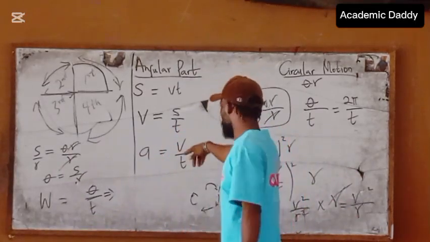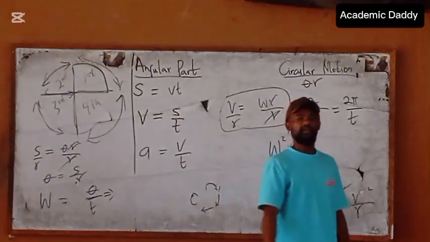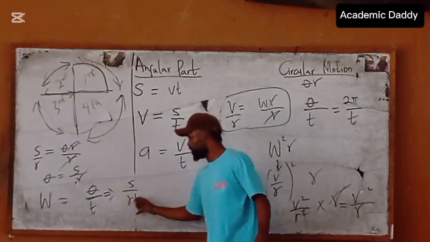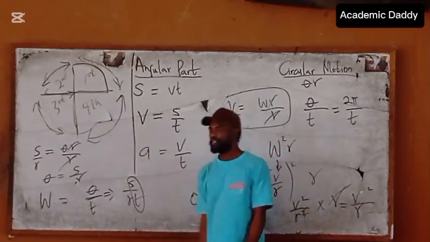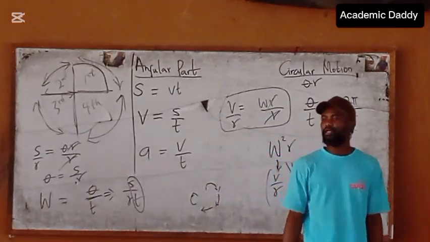Substitute S over R for theta into this formula. What do you have? You will see that this is going to be S over R T. Is it not true? Yes. And if you look at this, this thing looks like V. Displacement over time, you see now, velocity.